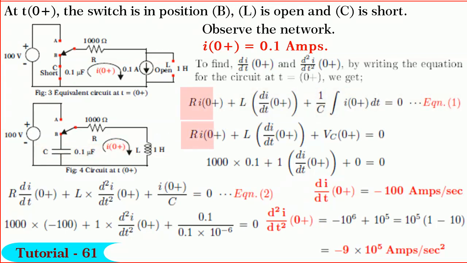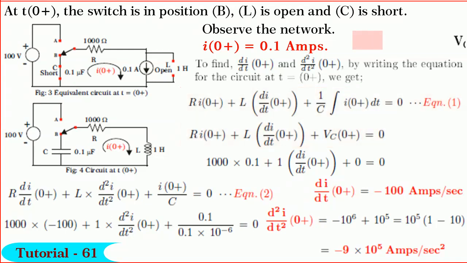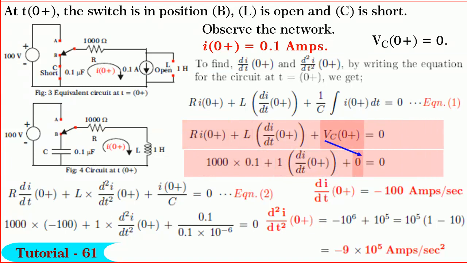But we know 1 upon C into integration I0 plus dt is equal to Vc0 plus and Vc0 plus is equal to 0. That we know. By substituting the values and solving, we get di by dt 0 plus is equal to minus 100 amperes per second.